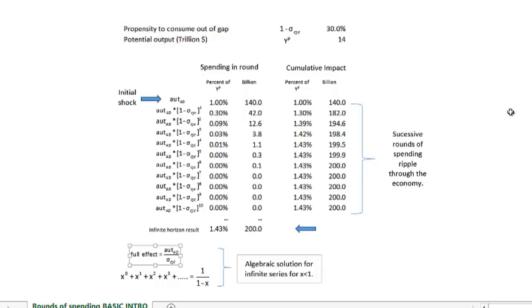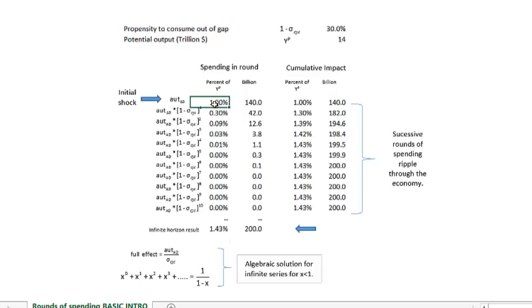Once again, what we've learned is how some initial shock, in this case 1% of potential output, or $140 billion, can be spent over and over again, the ripple effect rippling throughout the economy. Assuming that prices are fixed, and therefore price increases don't dampen these spending effects, the ultimate result will be an increase in spending that exceeds the original shock.